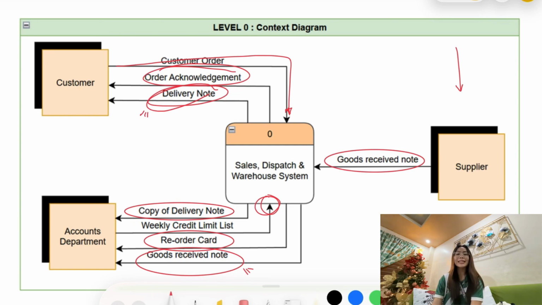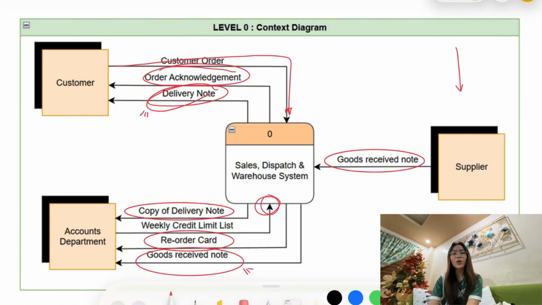Notice that at this level, we do not show any internal data stores or detailed processes yet. We only show one overall process for the entire sales, dispatch, and warehouse system, the 3 external entities, and the main data flows in and out of the system boundary.